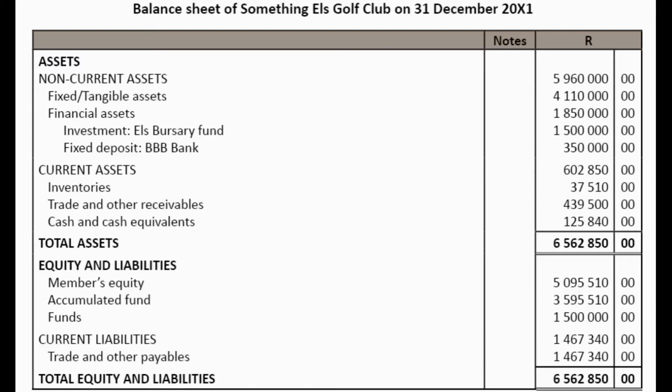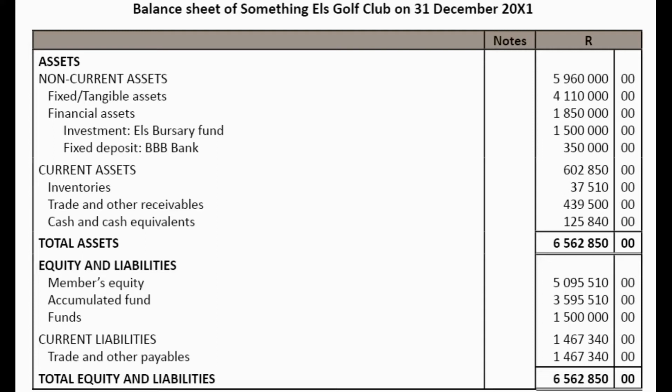Okay, and then we get to the financial assets. There were 2 entries under financial assets, the investment in the else bursary fund and also the fixed deposit in BBB Bank. The investment is 1.5 million and the fixed deposit 350,000. If you add that, you get the financial assets of 1,850,000.